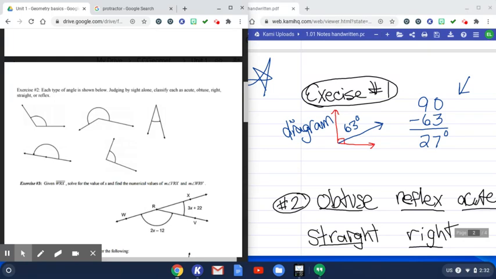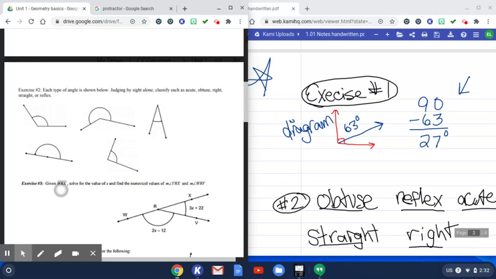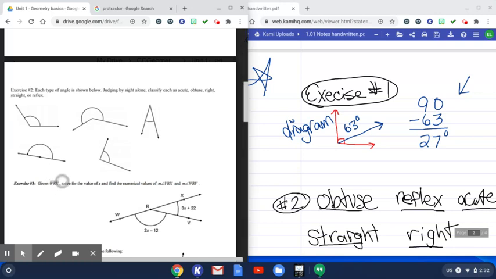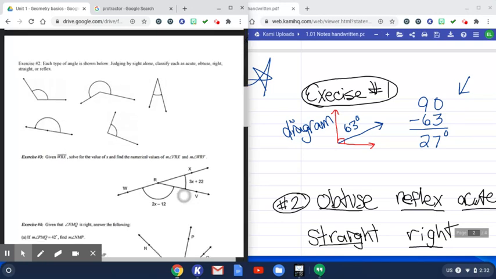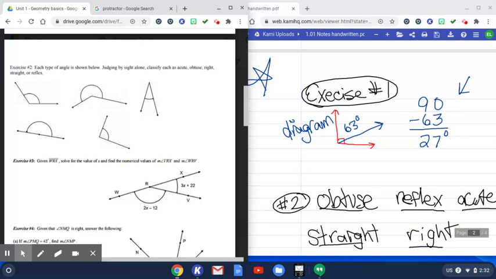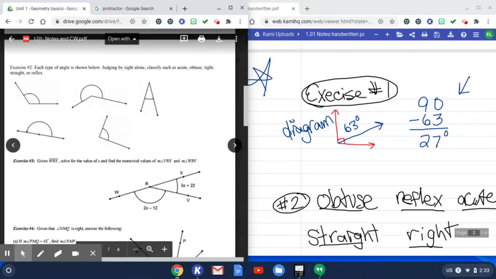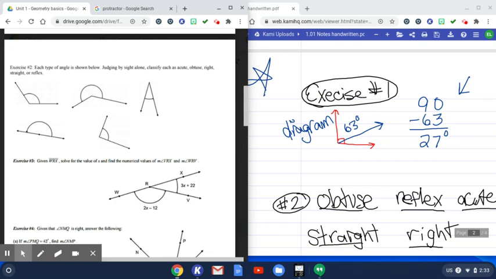Moving down to exercise 3. Given WRX, so that's some new notation for us. WRX, what they're telling you there is that's a straight line. All 3 letters are in one line with that line symbol above it. Solve for the value x and the numerical values of the measure of angle VRY and the measure of angle WRV.